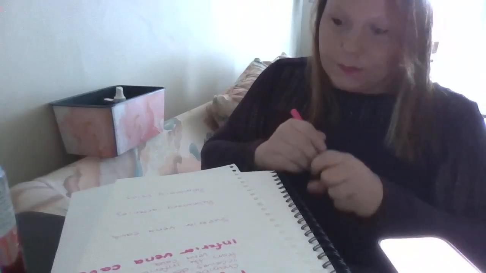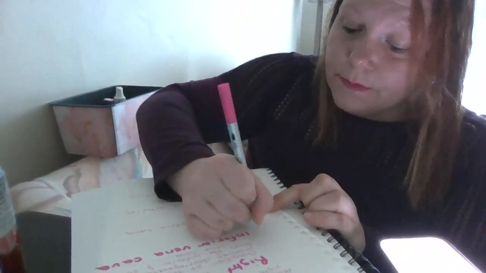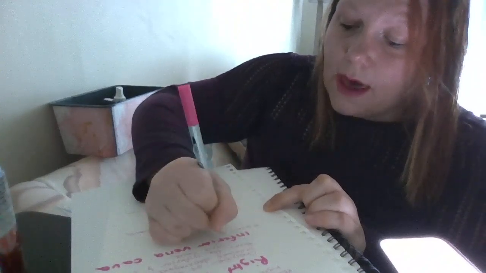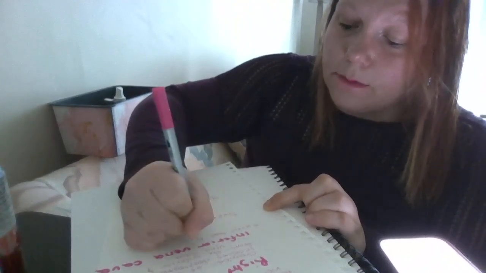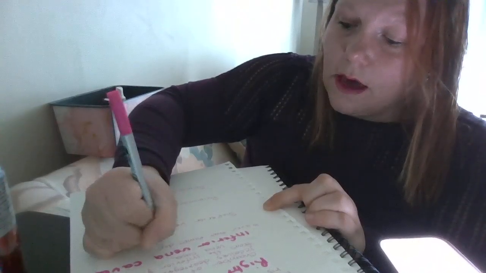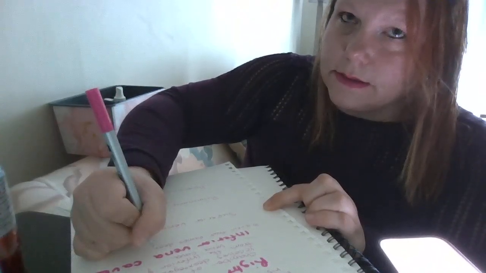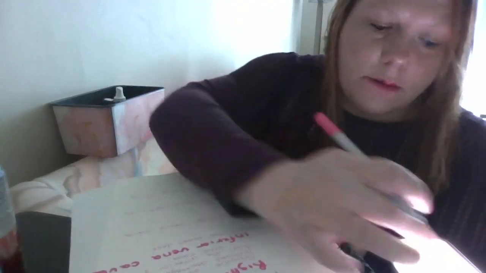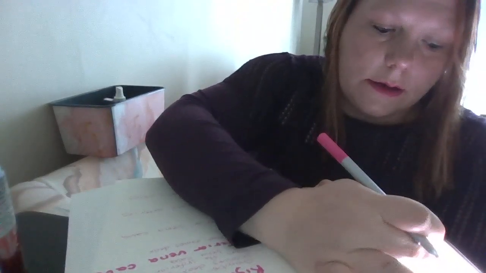Okay. The inferior vena cava is a vein that pumps deoxygenated blood. Okay.